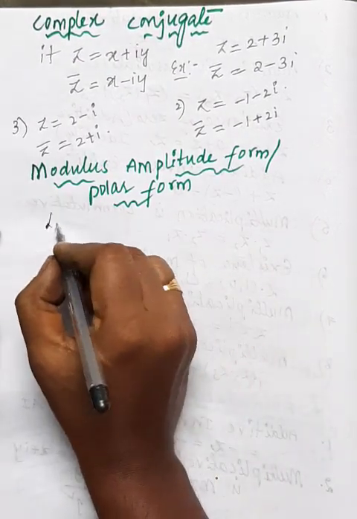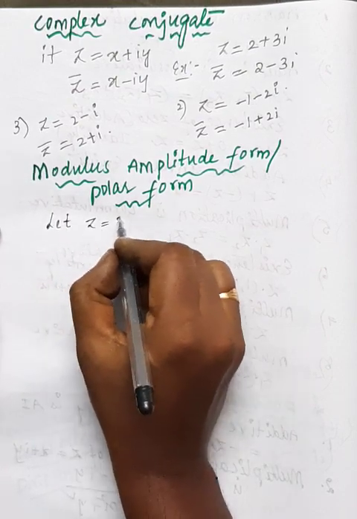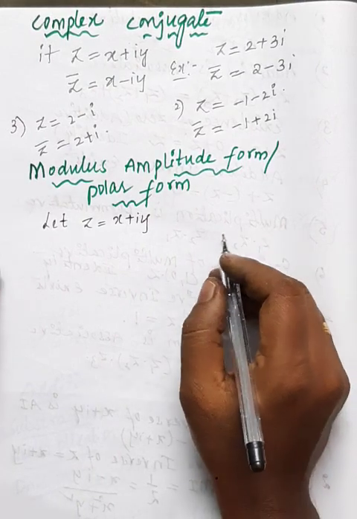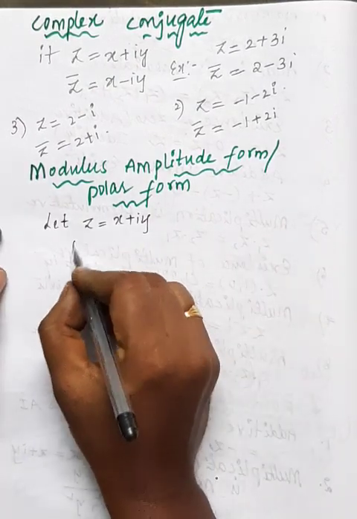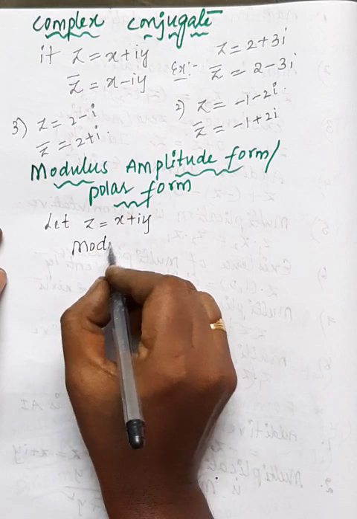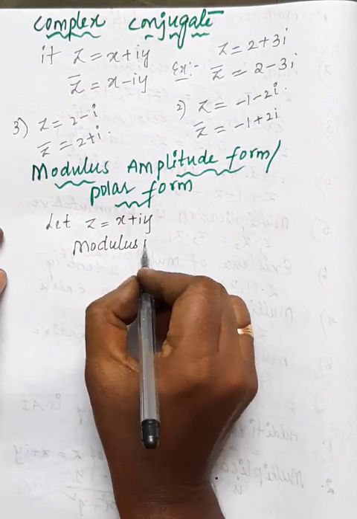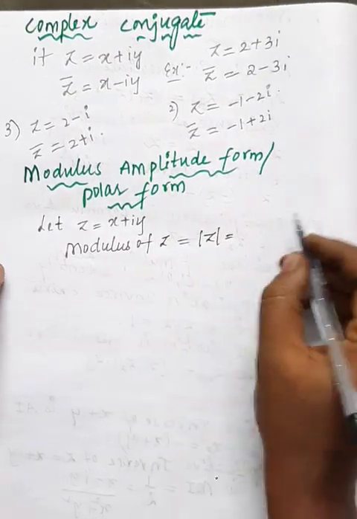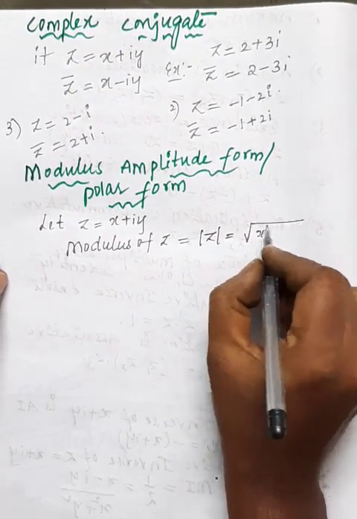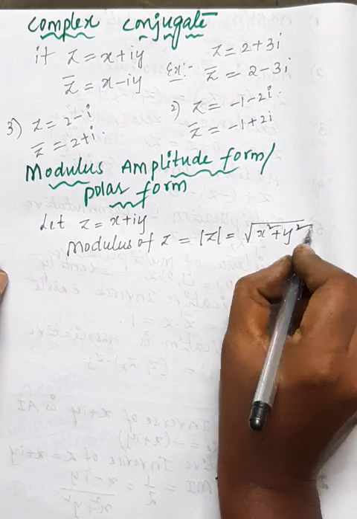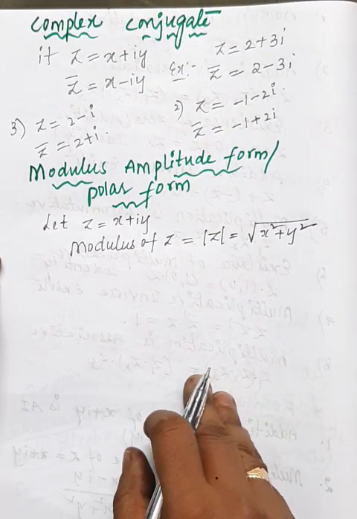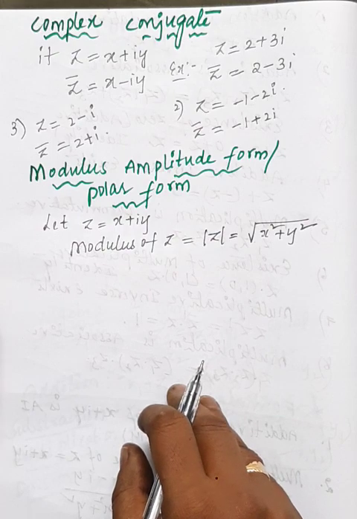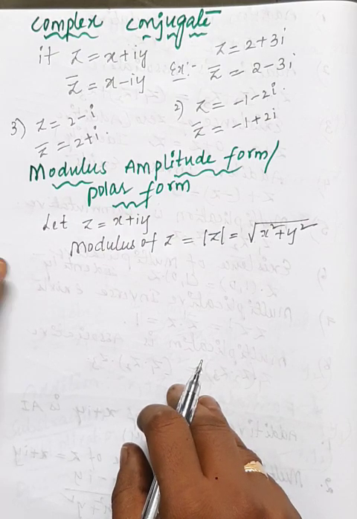Let z equal to x plus iy be a complex number. Then modulus of this complex number z, mod z, is equal to under root of x square plus y square. Therefore, modulus of any complex number can be found by using the formula under root of x square plus y square.